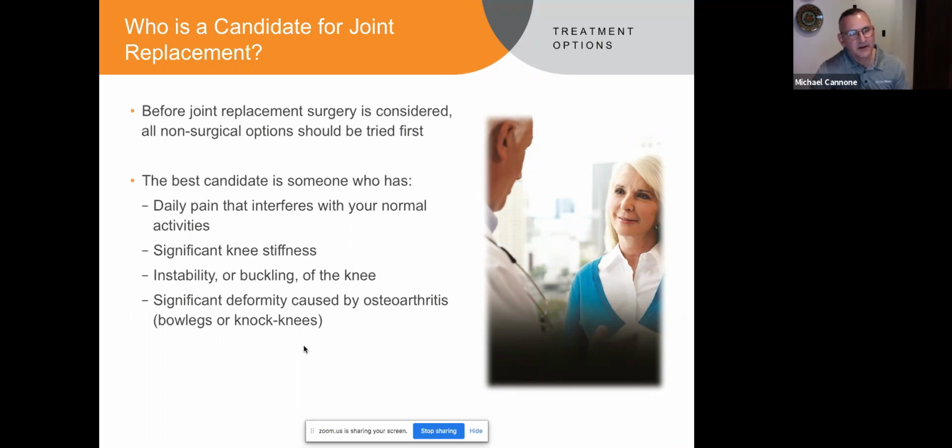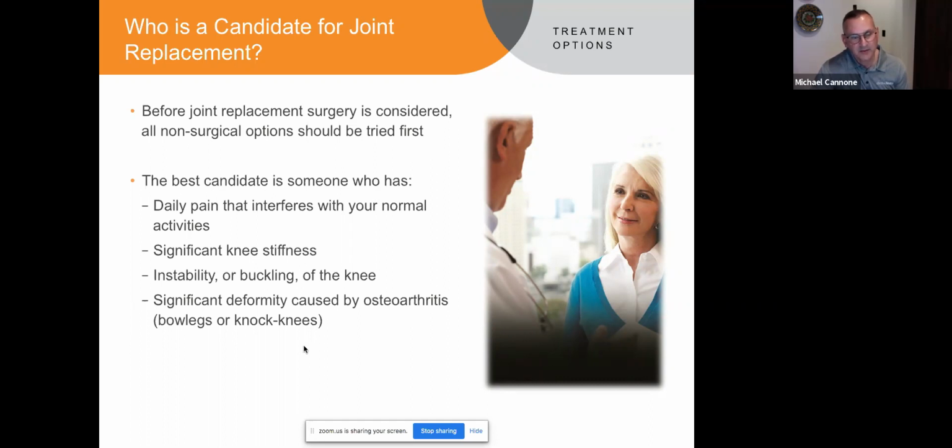If you've failed non-surgical treatment, then you have to decide if it's the best thing for you. In our opinion, the best candidate is someone who has daily pain that interferes with their normal activities, significant stiffness in the knee, instability, buckling or giving way, or significant deformity causing excessive bow-legged or knock-knee deformity.